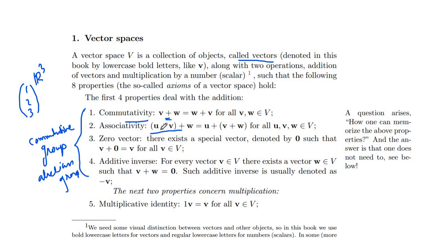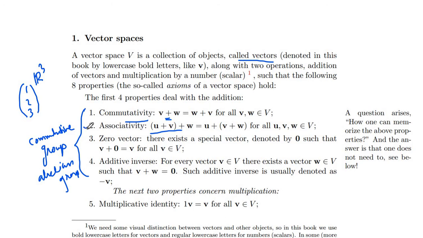So what this associativity law is saying is that the order of the operation does not matter. So (u + v) + w: no matter if you evaluate the first two first and then add w, or evaluate the last two first and then add u, you will get the same result at the end of the day.